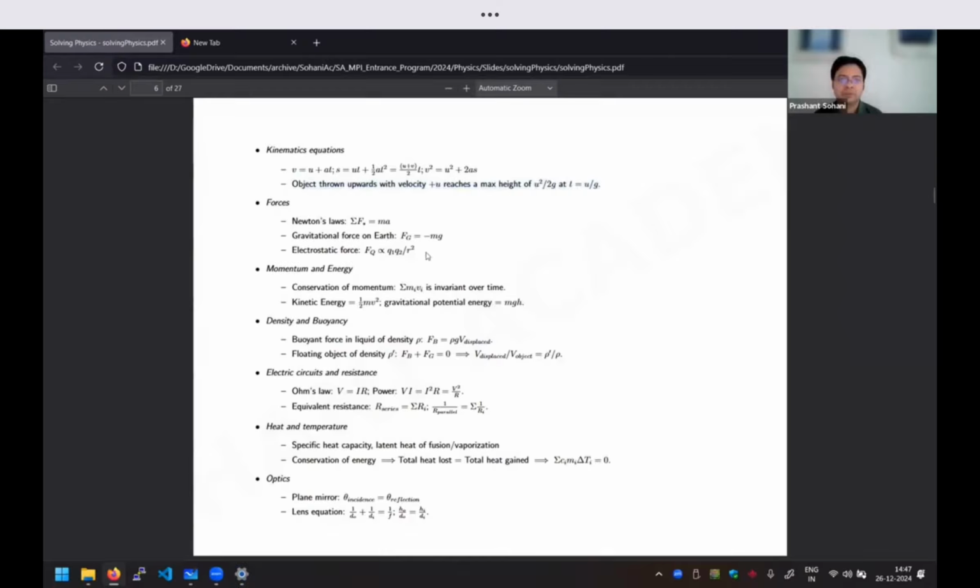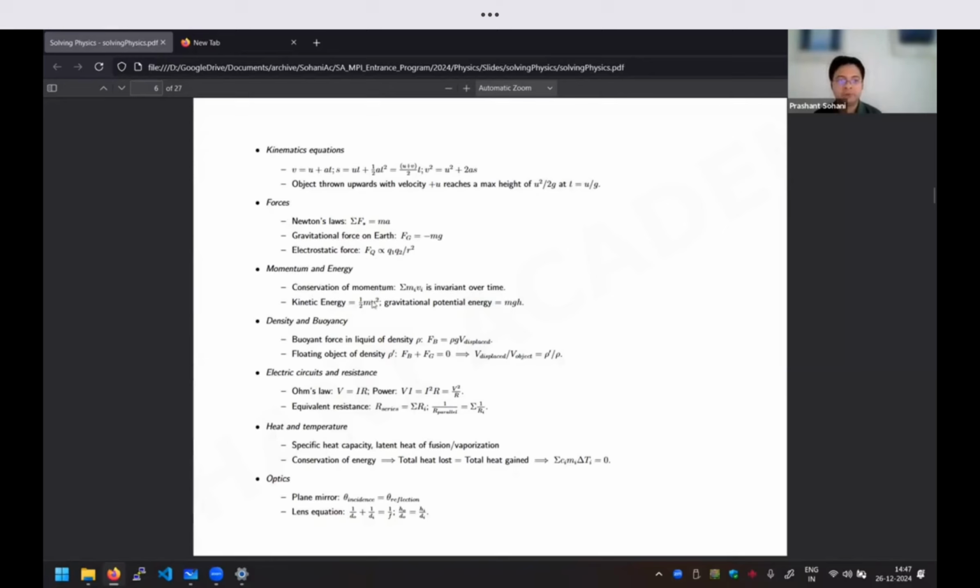Then in terms of forces, just knowing the basic laws of motion, basically Newton's laws, are just saying that if you add up all the forces on any given object, then that will be equal to the mass into acceleration. And the forces can be of various kinds. It can be gravity, it can be electrostatic force like the attraction or repulsion of charges, it can be buoyancy, etc., etc. Okay.